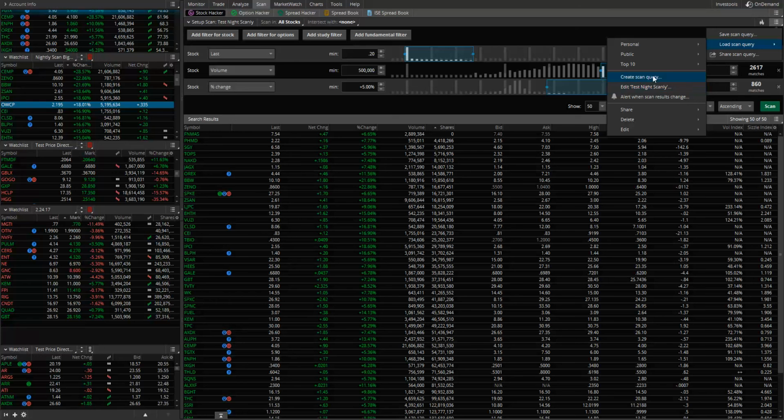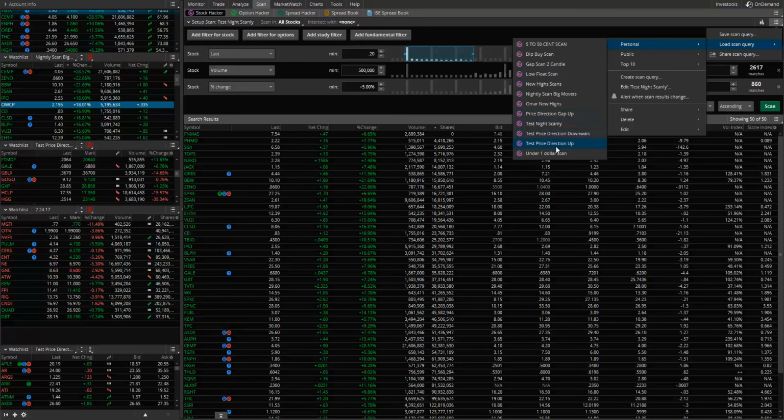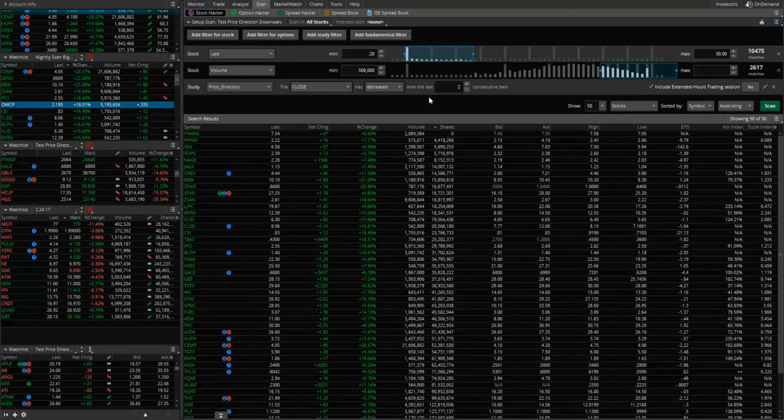Just to remind everybody, let's go price test, price direction downward. I spelled it wrong. The criteria is, remember, 20 cents to $30, 500,000 shares, and the close has decreased over the last two consecutive bars on the 1 minute candle.